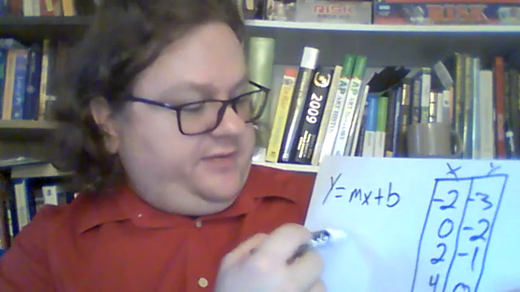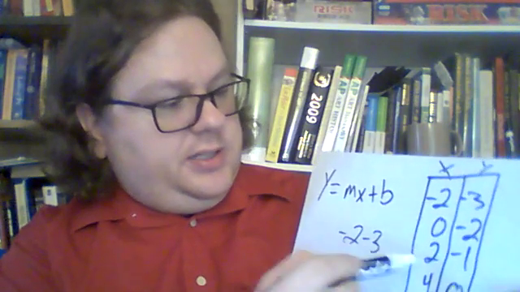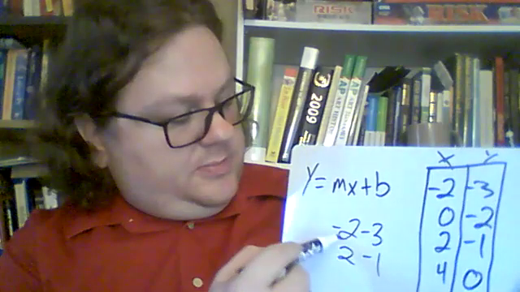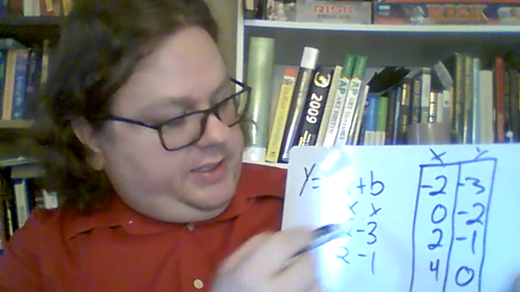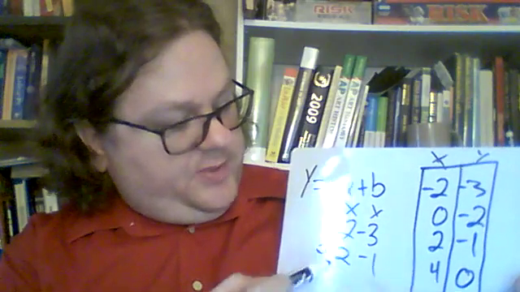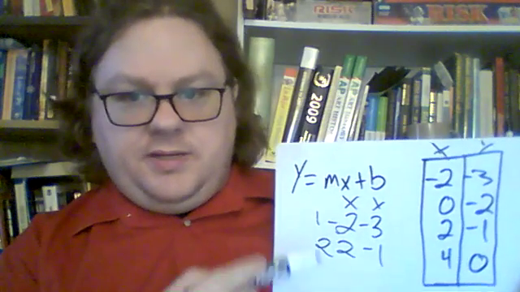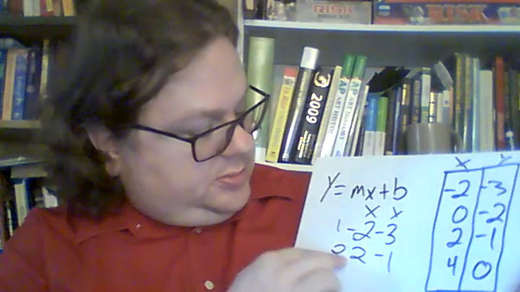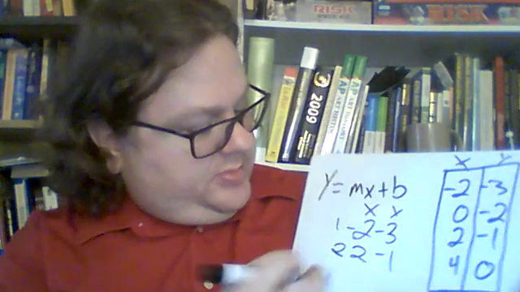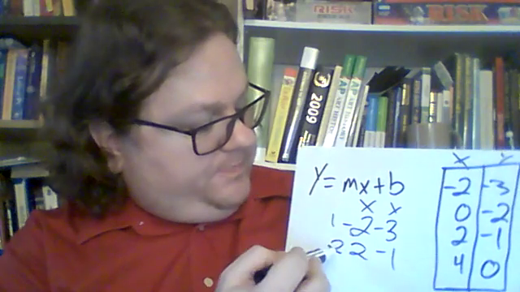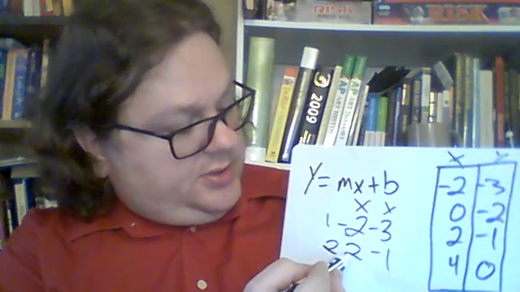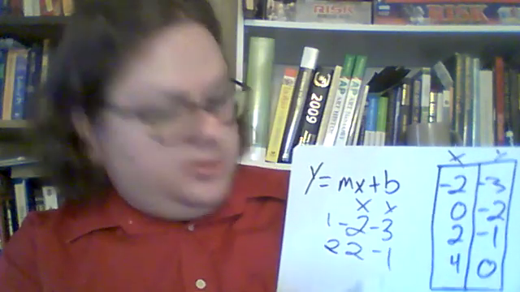So, for instance, if I pull out -2, -3, and 2, -1, here's my x, here's my y, here's my 1, here's my 2. That's point 1, point 2, which means this is x1, this is x2, y1, y2.